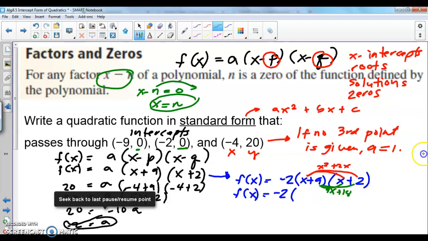There you go. So if I combine like terms, I get x squared plus 9 and 2 together is 11x plus 18. Now, I have a constant negative 2 outside. So if I distribute that, I get negative 2x squared minus 22x minus 36. And this is the final answer that we're looking for.